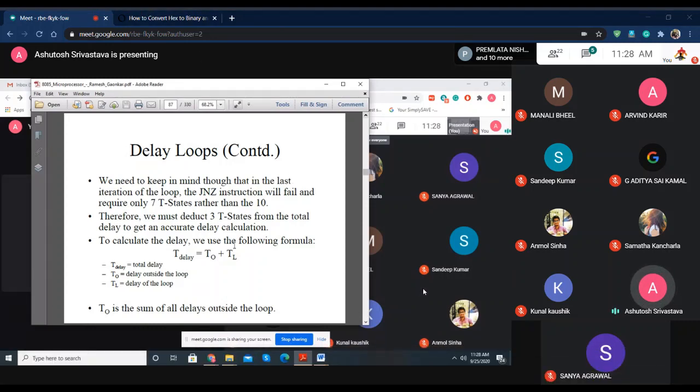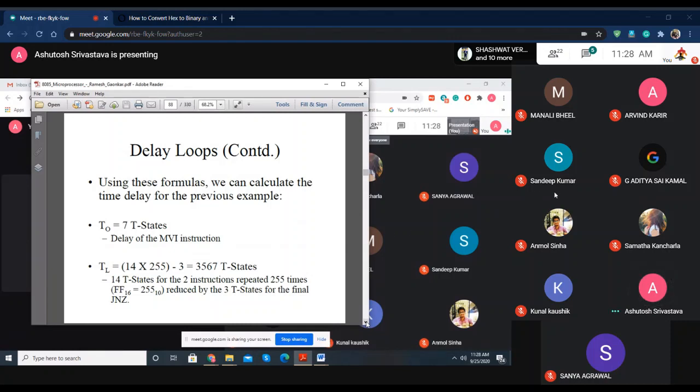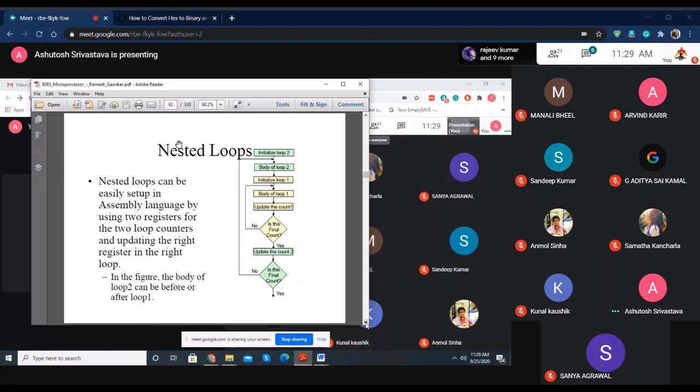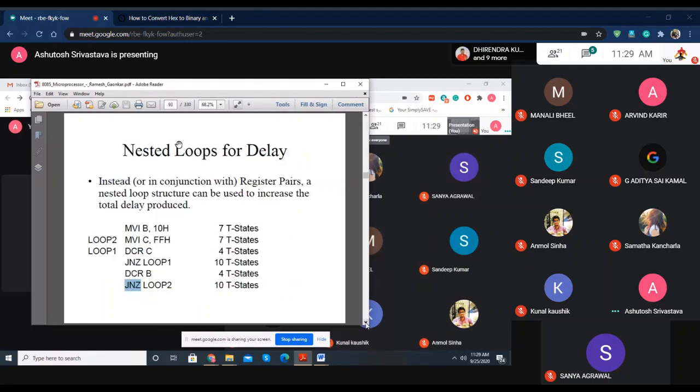And depending upon the value that you are assigning, you can actually find out the total number of T states. And that is directly related to your determination of delay, because you already know the frequency of operation of your microprocessor, which is 8085 microprocessor. The range is around 2 to 3 megahertz. So that's how you will be determining the delay.